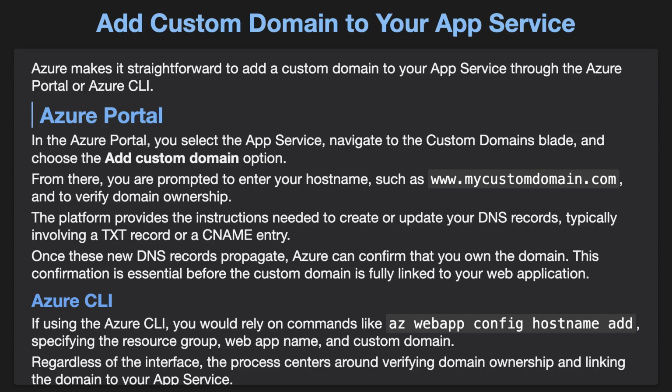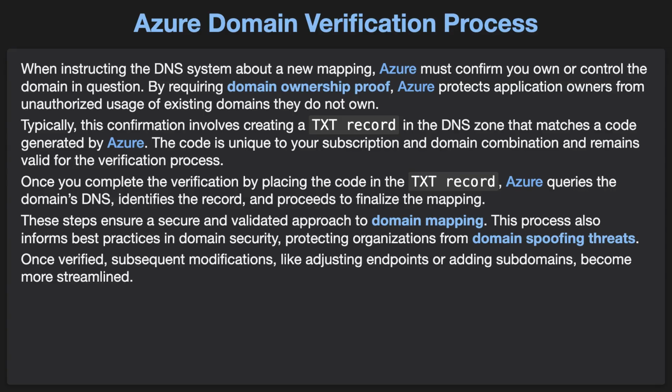If using the Azure CLI, you would rely on commands like az webapp config hostname add, specifying the resource group, web app name, and custom domain. Regardless of the interface, the process centers around verifying domain ownership and linking the domain to your app service. When instructing the DNS system about a new mapping, Azure must confirm you own or control the domain in question.